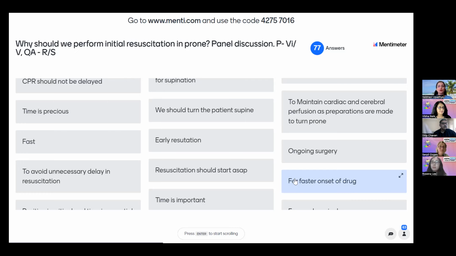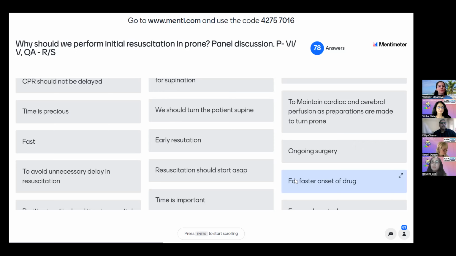We just need to know the techniques. In fact, we could achieve the best ventilation perfusion in prone position if we can resuscitate fluids and blood as and when needed, because the ventilation is optimized with a secured airway and the prone position already. So thank you, panel, for the questions, for the answers, and the audience as well.